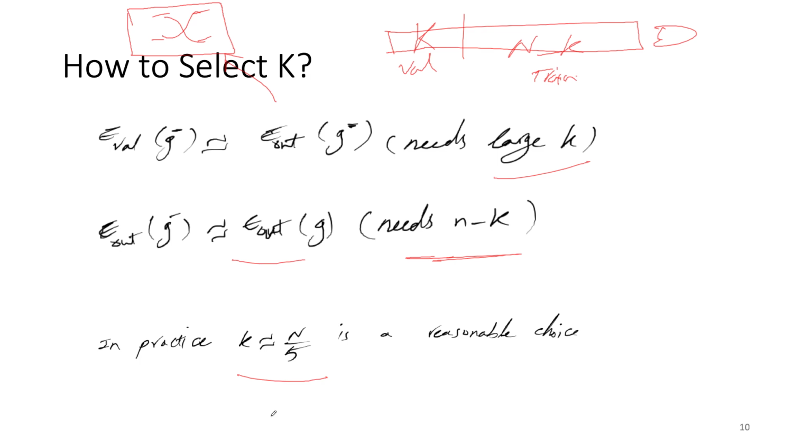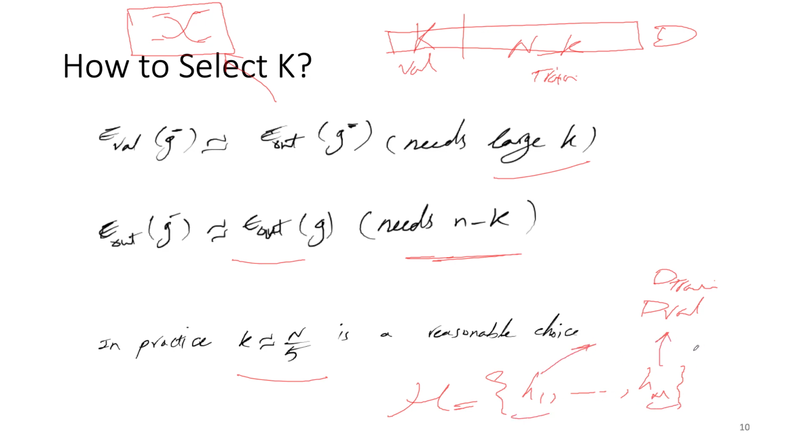So now we know how we're going to select k, right? The other question is, within our hypothesis set H, the set of all hypotheses, H1 up to HM, how are we going to exploit this val while we're training, and how do we come up with the best of them?